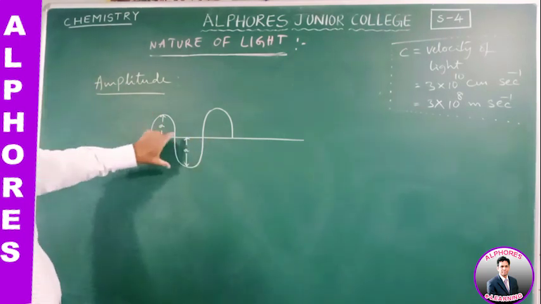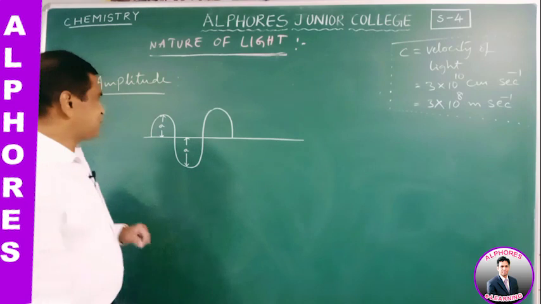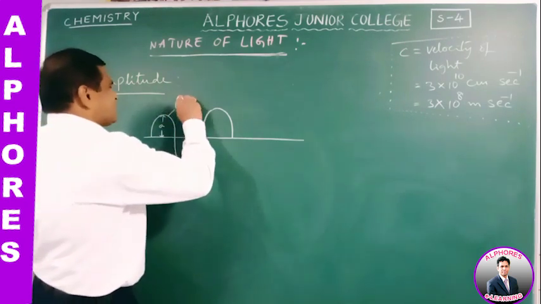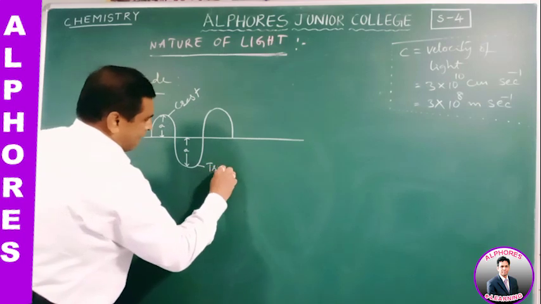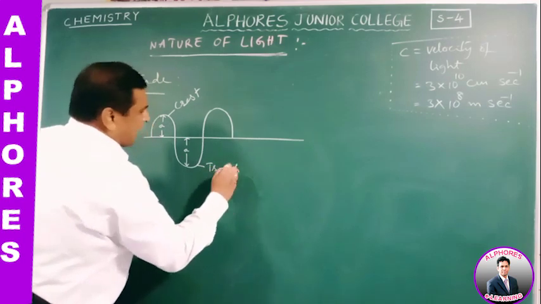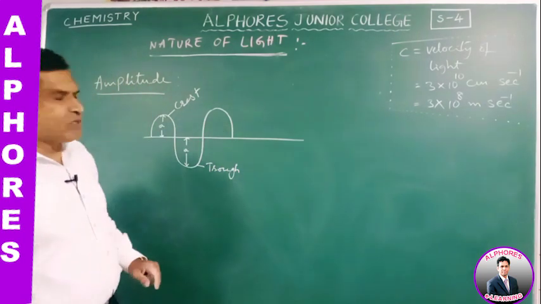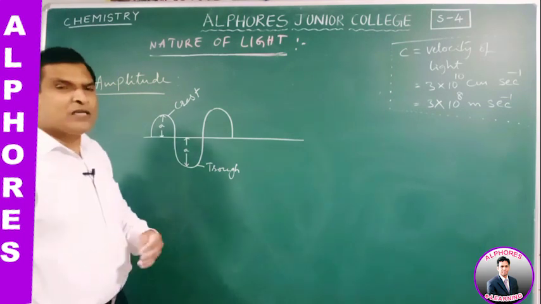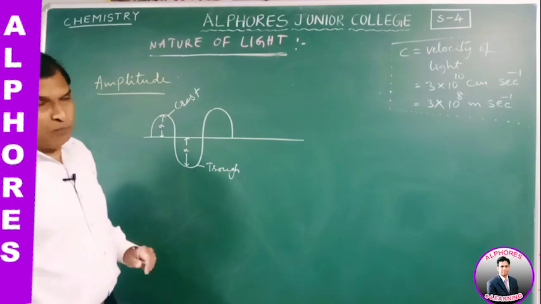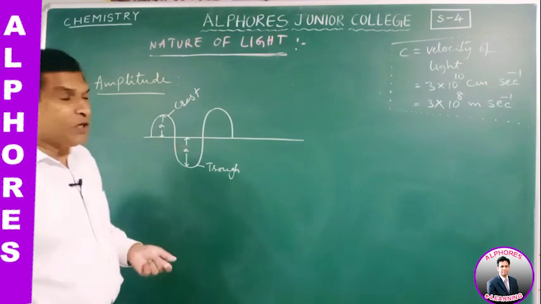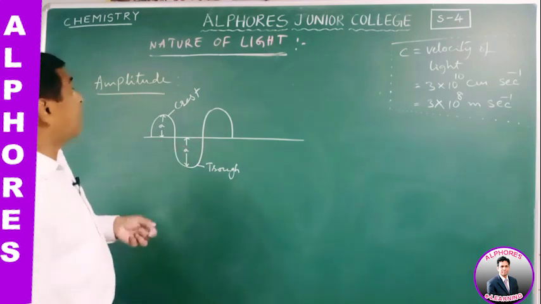It is crest and it is trough. Rather we can say another way, that is the displacement of the electromagnetic wave, that is called amplitude.